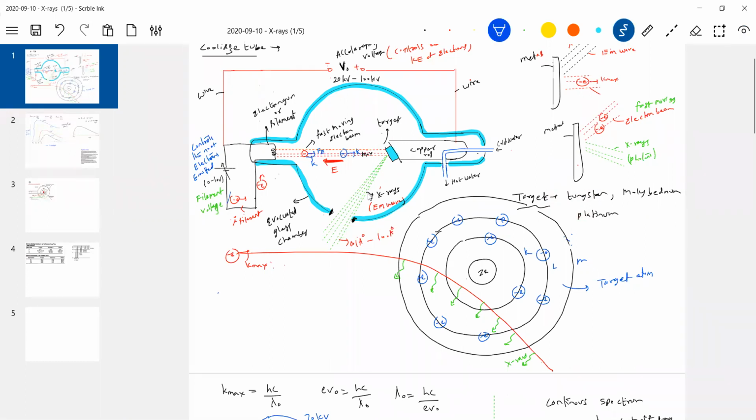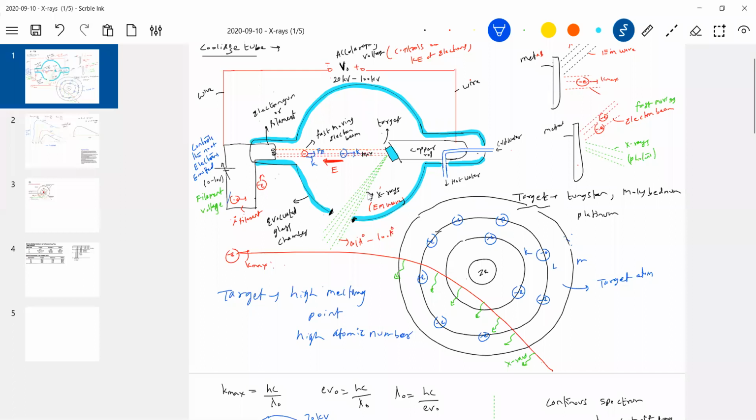So the requirements for the target: high melting point. Next, higher atomic number. These are the two requirements here.